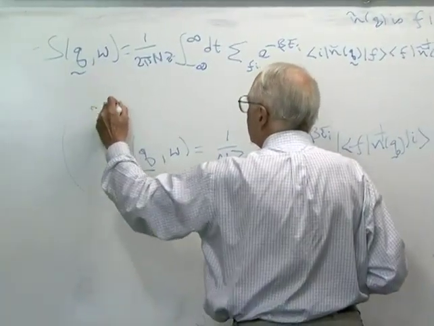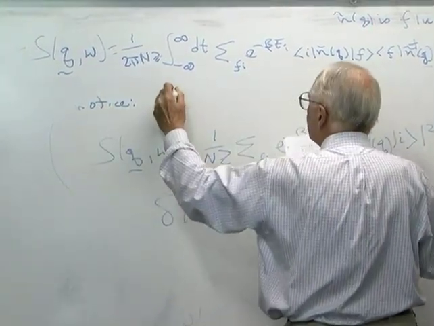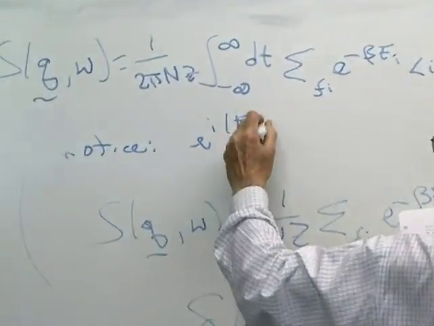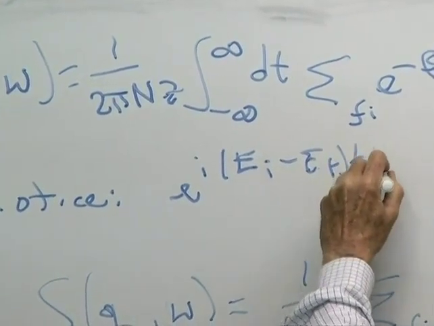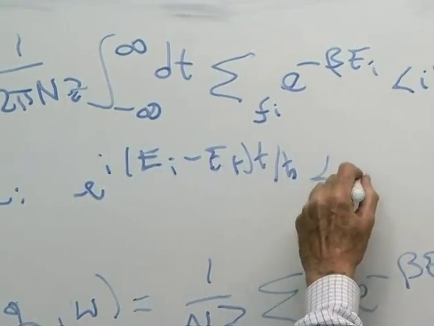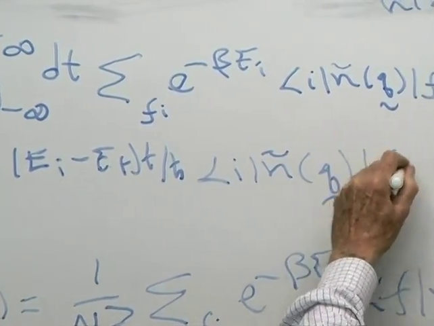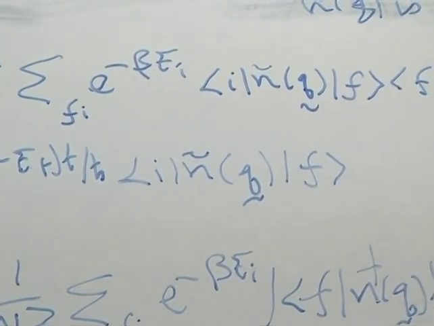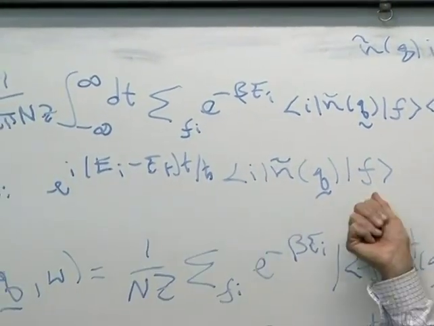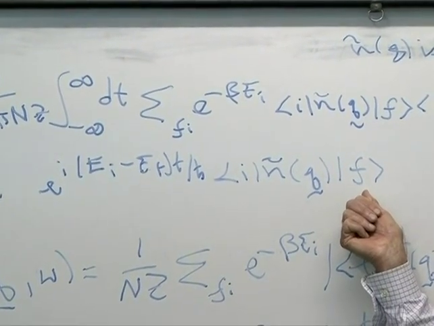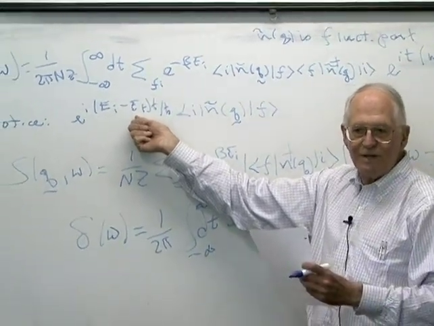Notice that e to the i, E_i minus E_f times t over h bar times i n tilde of q f, I can write by putting this factor associated with this and this part associated with this factor, by writing it in terms of the exact Hamiltonian. These are the exact many-body energies of initial and final states of the many-body system.